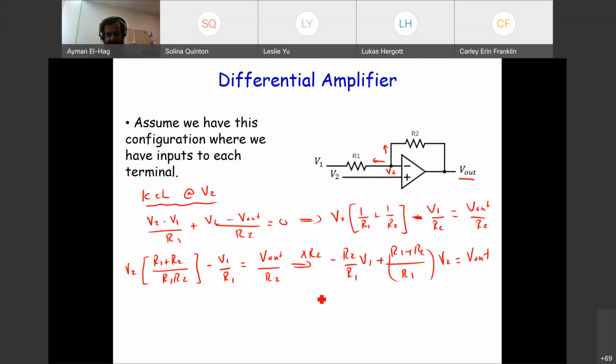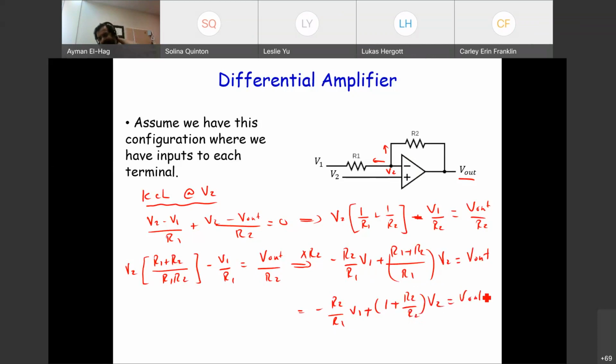Now, we can say that this is equal to minus R2 over R1, V1 plus 1 plus R2 over R1, V2 equal to V out.